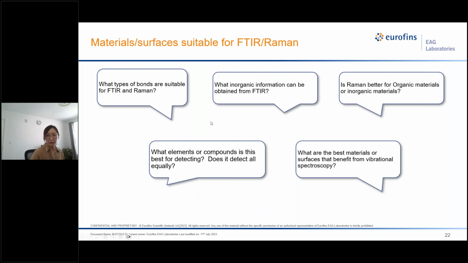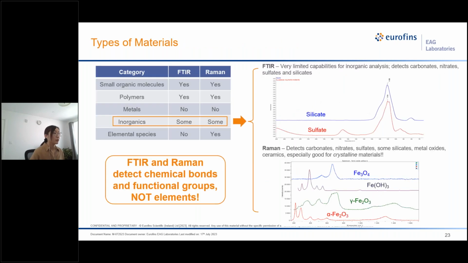Moving on to the questions for the samples, we got asked what type of bonds or what type of material is most suitable for FTIR and Raman analysis, or can those techniques be utilized to identify inorganic materials? So here I have this table which can be used as a general guidance to determine the feasibility of FTIR and Raman for analyzing different categories of materials.